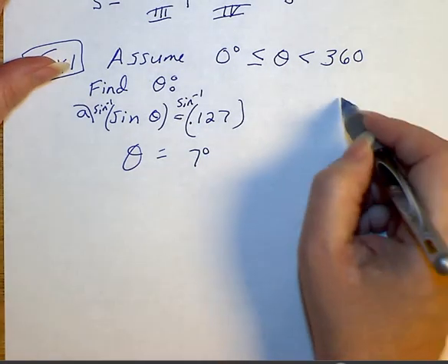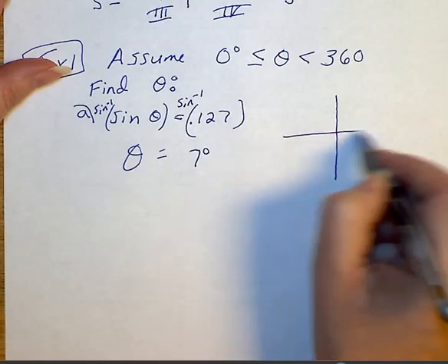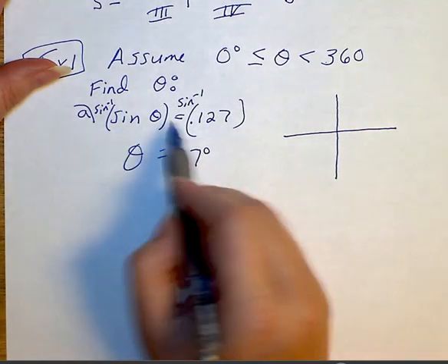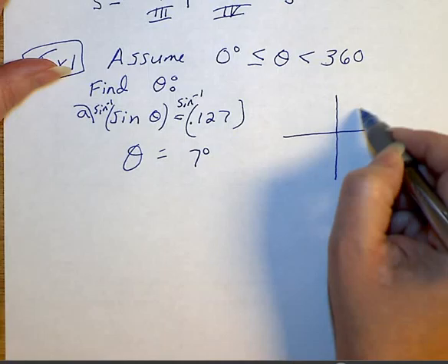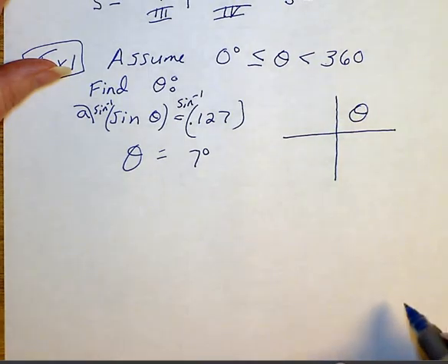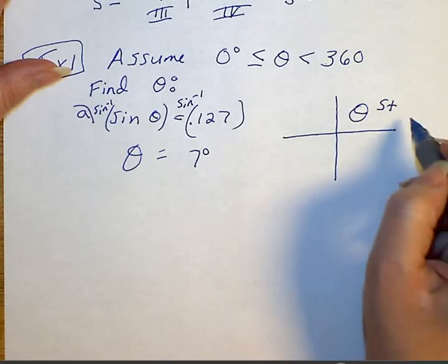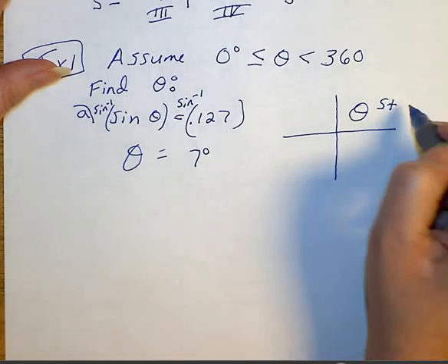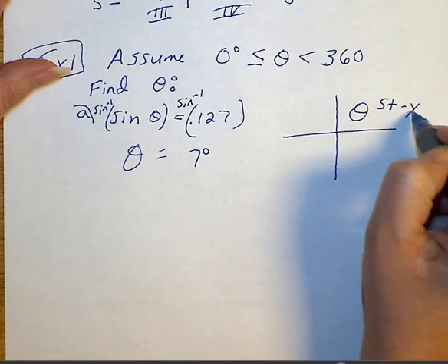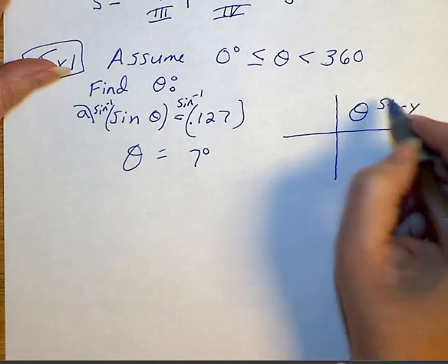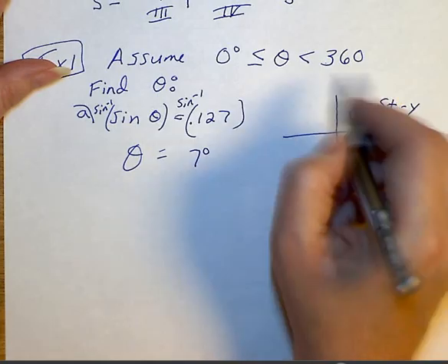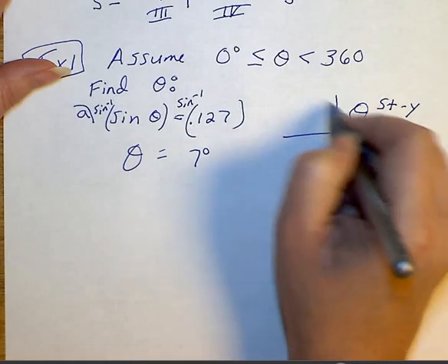Now we have to think about where sine is positive. Sine is positive here. Sine is my y, so where else is my y positive? Quadrant 2.